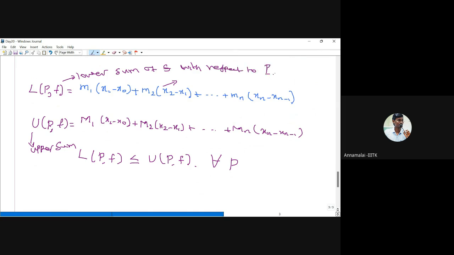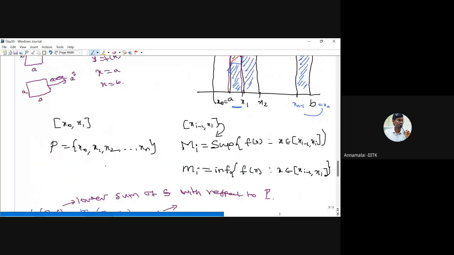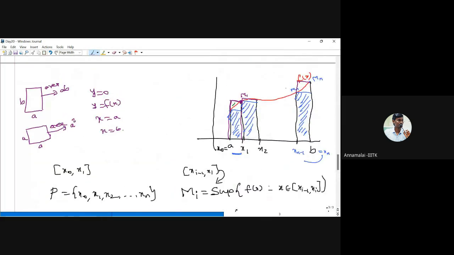Now, if you increase the partition points, so the number of points is increasing. Suppose this partition contains n points. Suppose I take one more point here, some x1 dash. Now look at this rectangle, you get an exact rectangle.